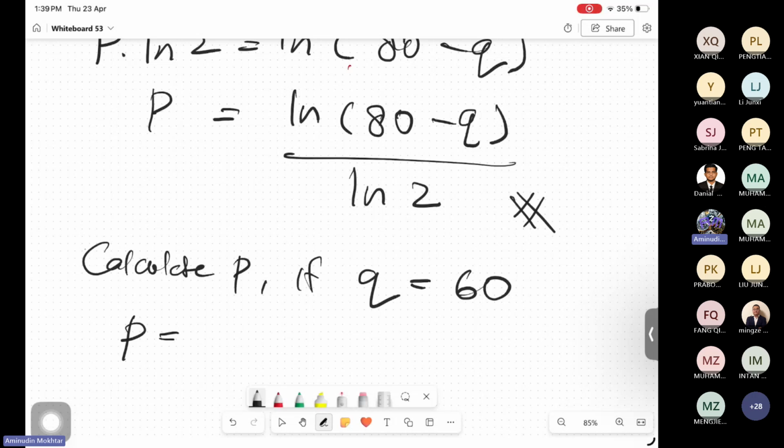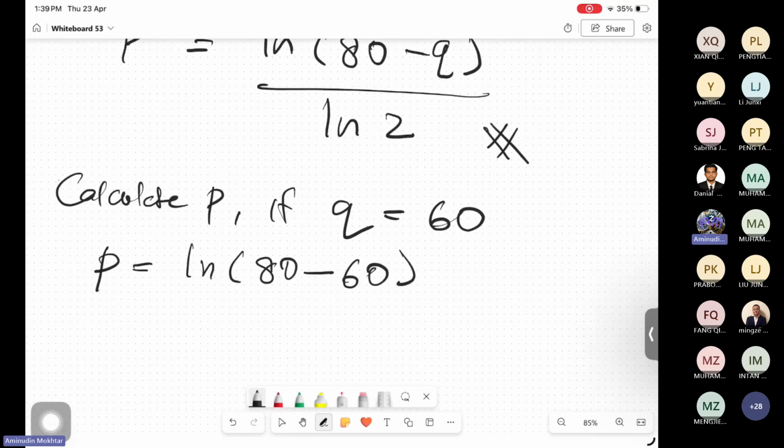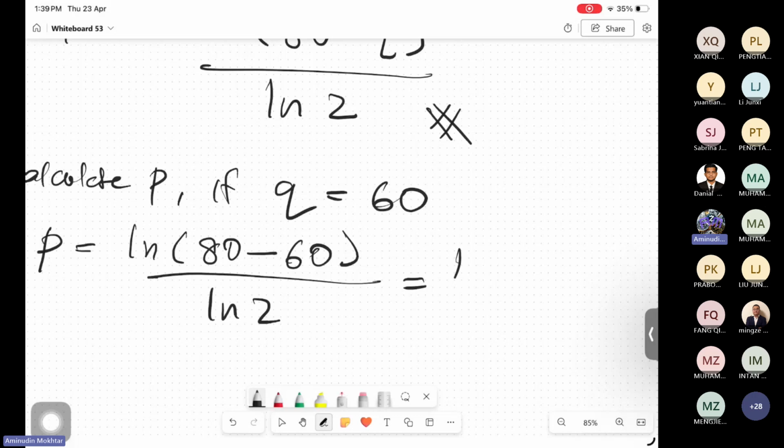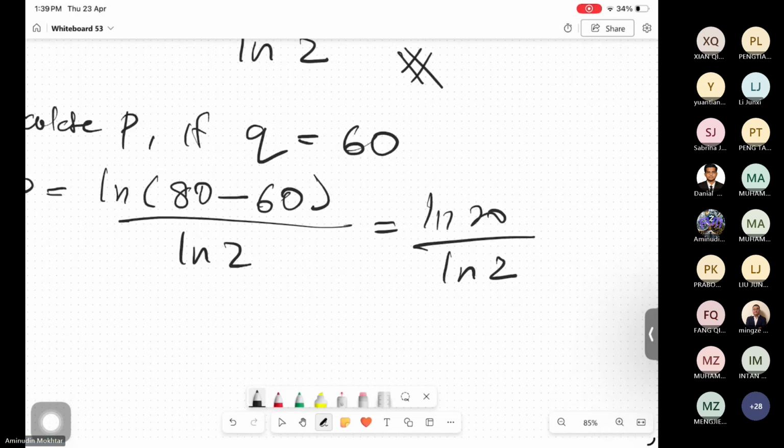So P equals (ln 18 minus 16) divided by ln 2. Okay, this is ln 2 divided by ln 2... of course, please use your scientific calculator in this case. So the answer is 4.32.